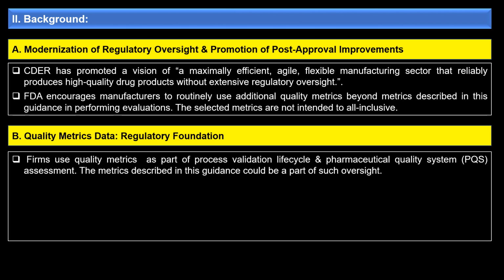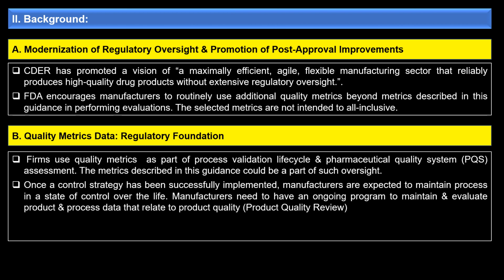Firms use quality metrics as a part of the product's process validation lifecycle and the pharmaceutical quality system. So the FDA expects that whatever metrics have been defined in this guidance are included as a part of the firm's internal quality management system. Once a control strategy has been successfully implemented, manufacturers are expected to maintain the process in a state of control over the entire life cycle.